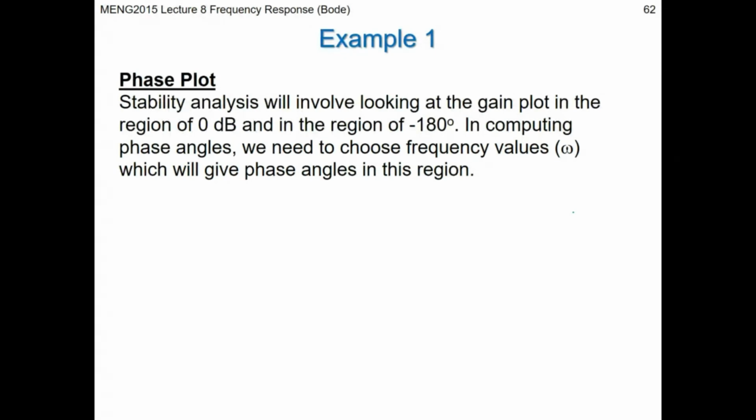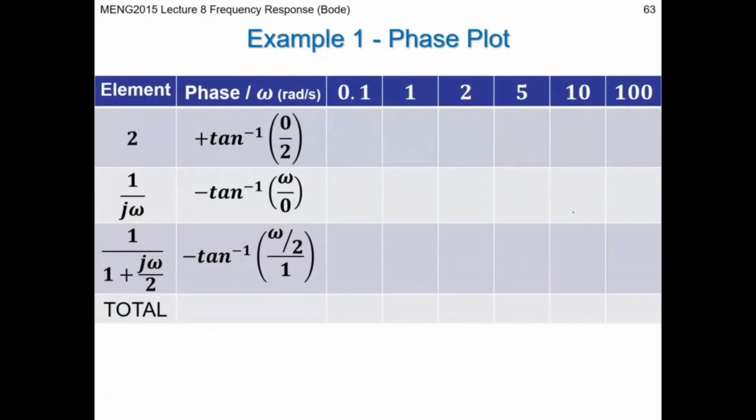So we're looking to get phase angles around -180 ideally. Now, not every case you'll get to -180. The maximum negative phase you get will actually be -90 times the overall order of the transfer function.